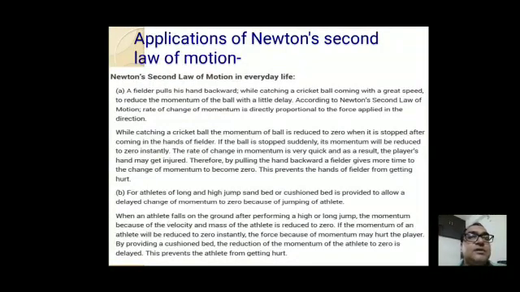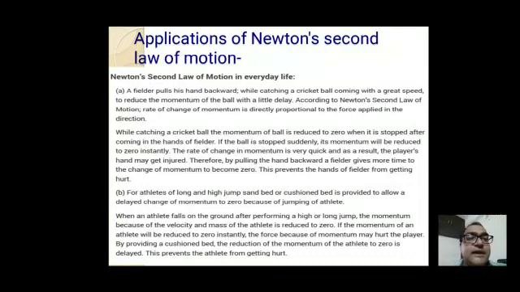Students, so when the cricketer catches the ball, he takes his hand backward, increasing the time and reducing the momentum, so his hands will be less injured. If he is not doing so, his hands will be hurt.